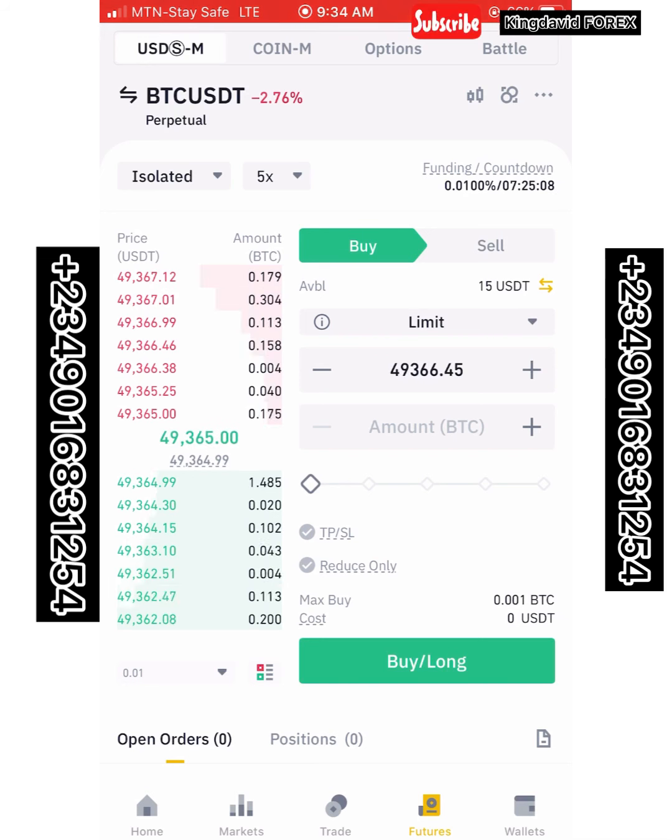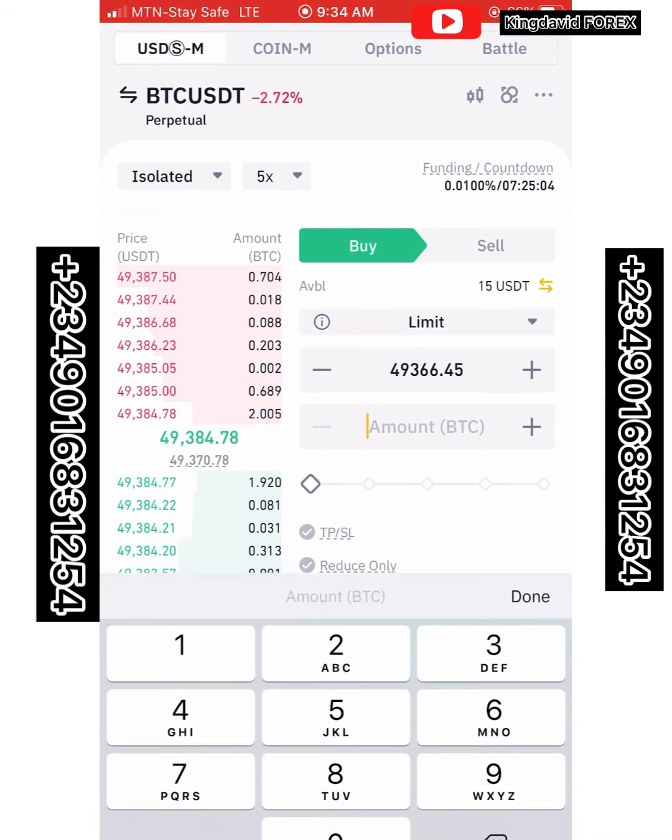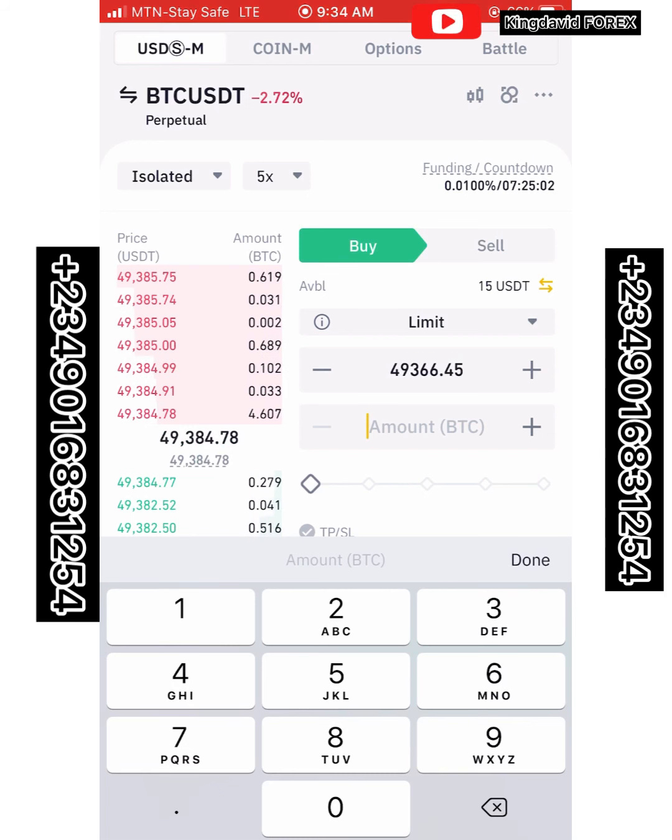If you want to place a buy, you can see here, you can choose how much you want to buy on BTC. You can use the percentage of what you want to trade with, but I would advise going with at most 30% of your capital.